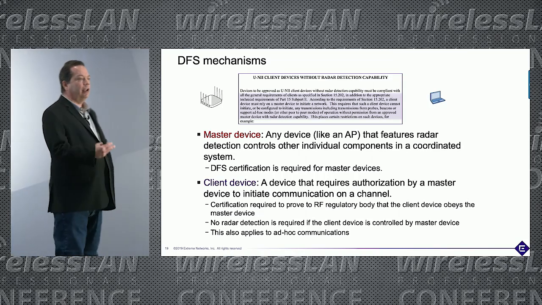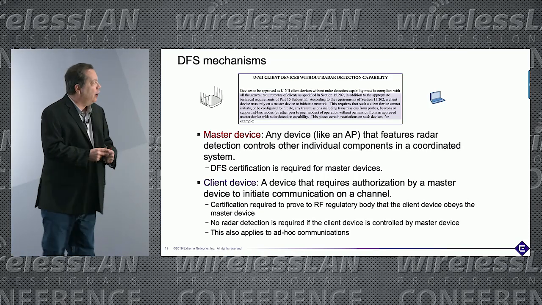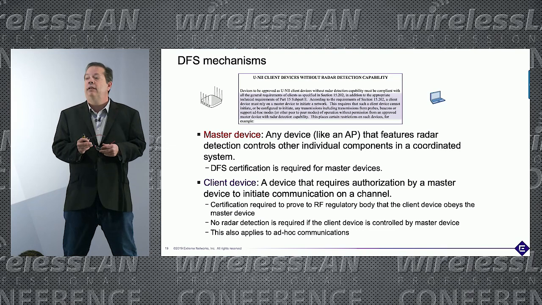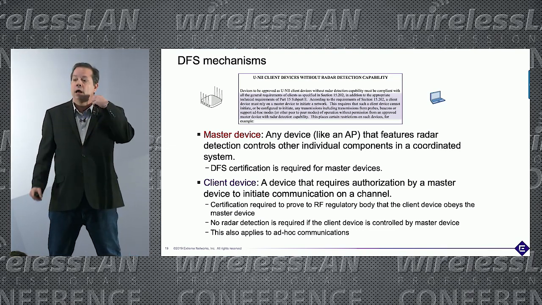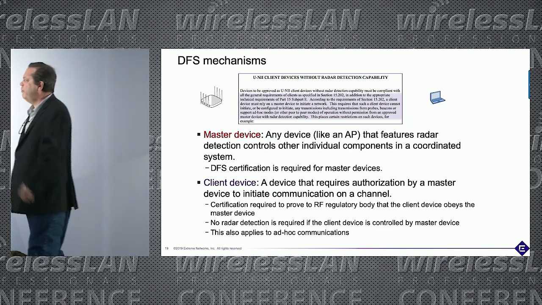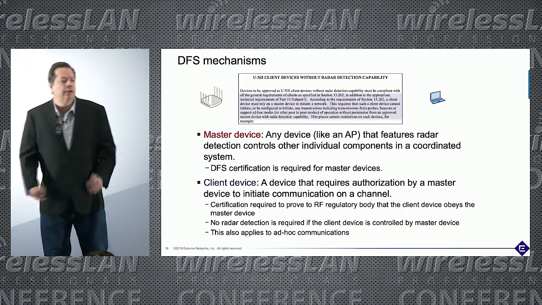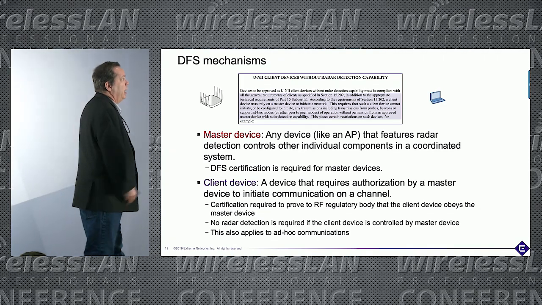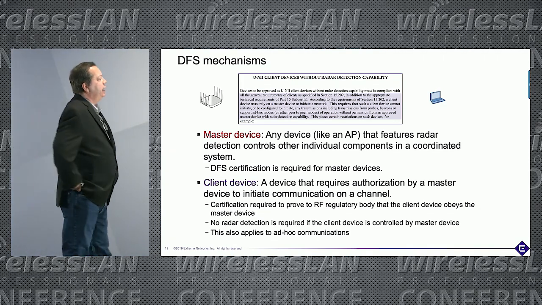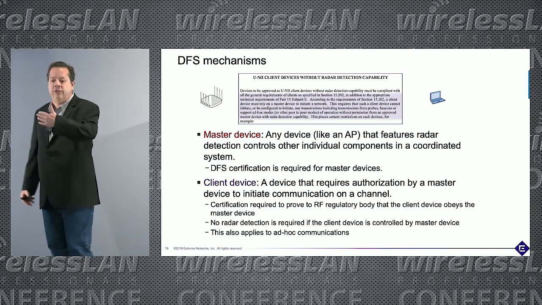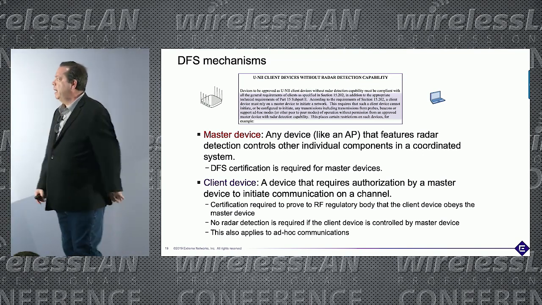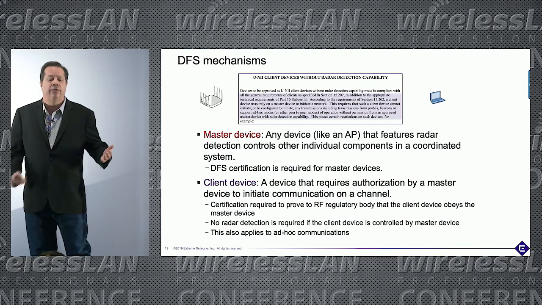So how does DFS work? Well, first of all, there are mechanisms that are absolutely defined both by the FCC, with very specific rules, and also by the IEEE. This is actually the FCC definitions right here, and it defines what's called a master device and a client device.